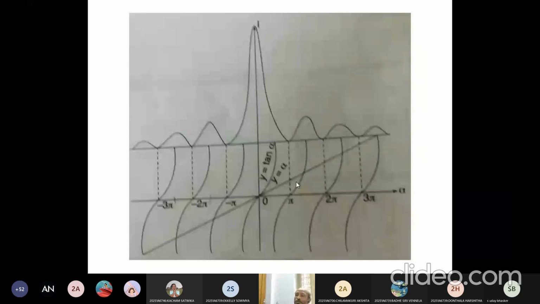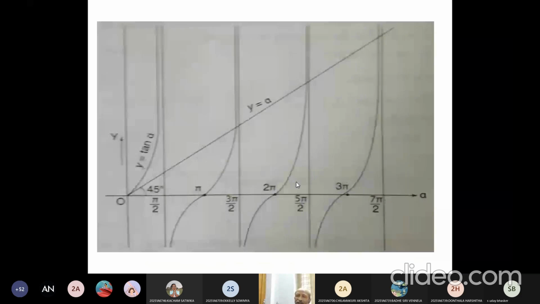Now, y is equal to alpha and y is equal to tan alpha, both the graphs are drawn over there. They intersect at 0, and the next ones are close to each other at 3 pi by 2 and 5 pi by 2, and so on.